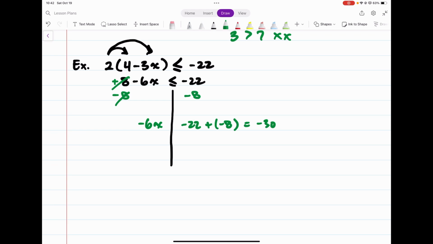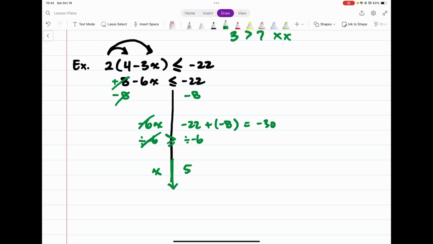Now I will divide by negative 6 to get rid of that negative 6, and I'll divide this by negative 6. Now, remember the symbol must switch. So I'm going to flip that symbol like that. Cross off the 6's there, extend this line. I'm left with x, and negative 30 divided by negative 6 is positive 5.